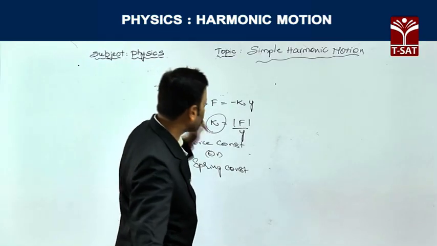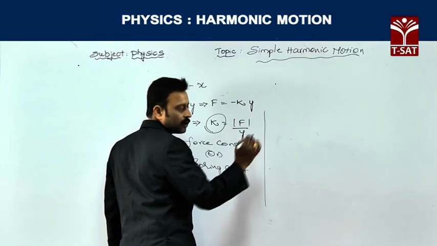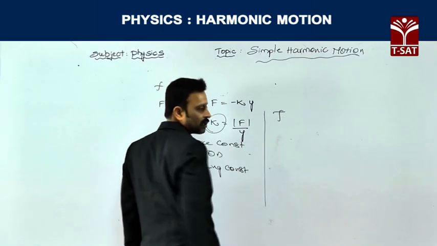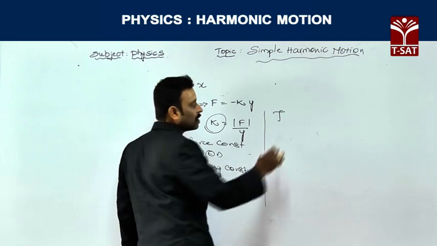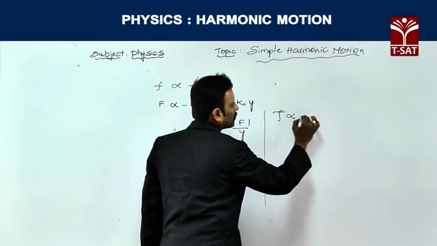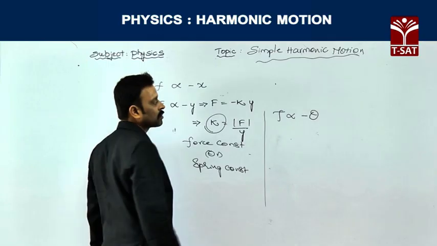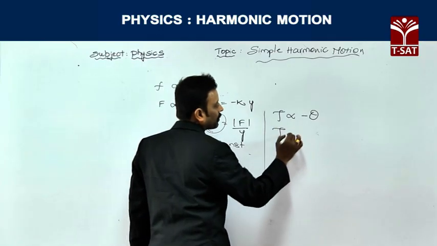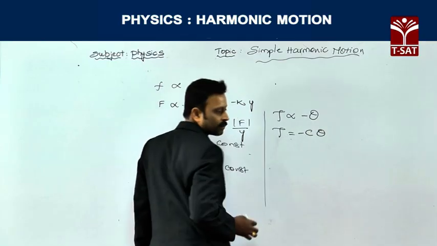This is in case of a linear simple harmonic motion, but in case of an angular simple harmonic motion, the restoring force is torque, which is directly proportional to angular displacement. If you remove the proportionality, we get some constant c into theta.